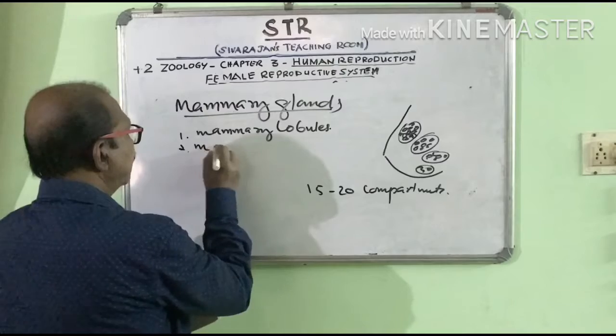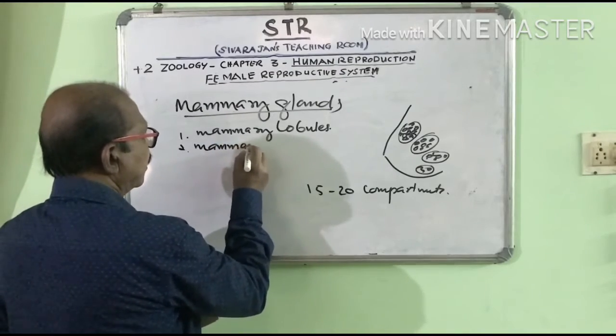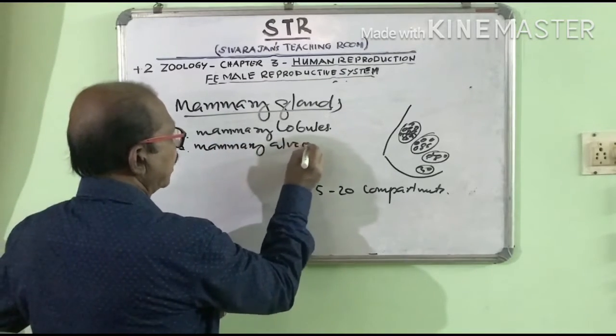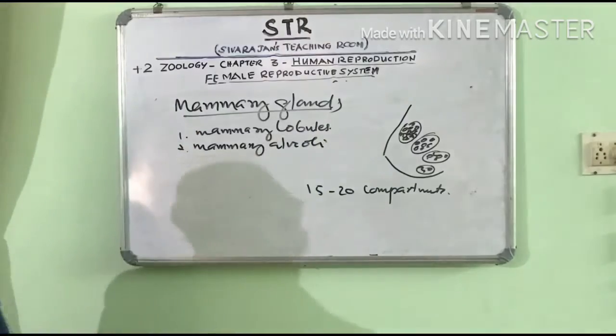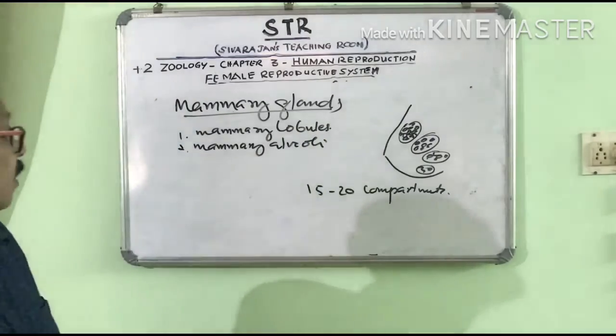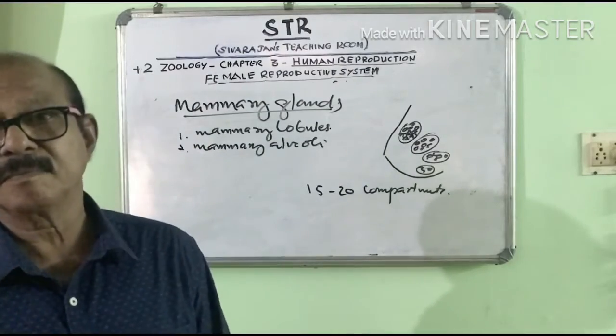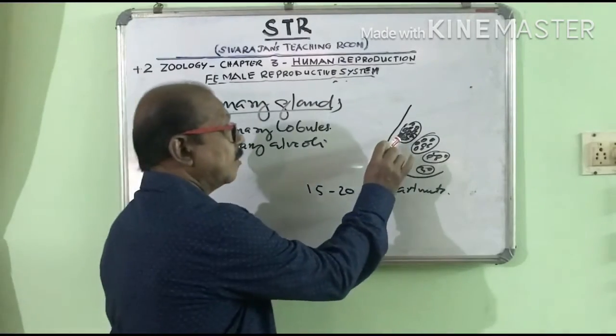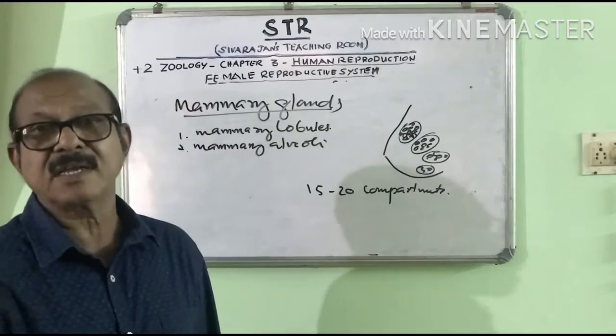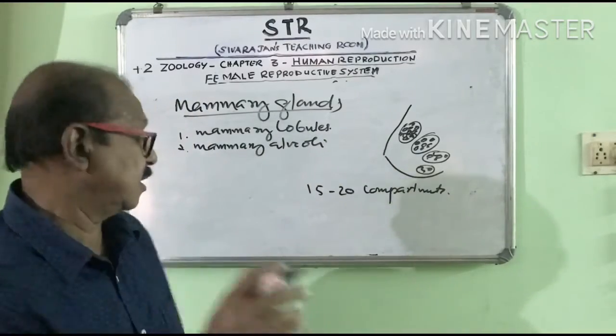So they are called mammary alveoli, and this mammary alveoli secretes milk. It is the mammary alveoli that secrete and store the milk.